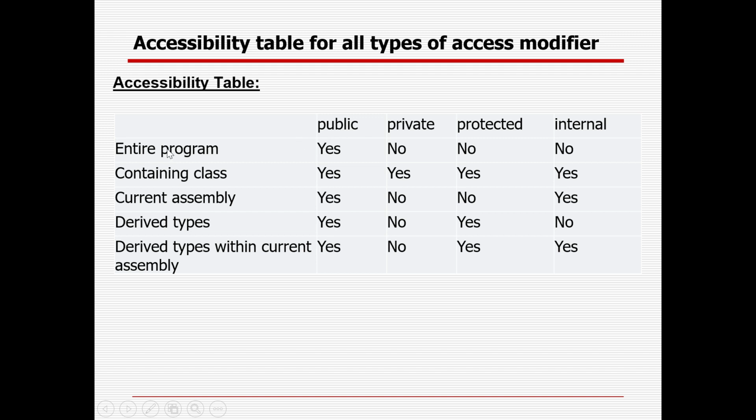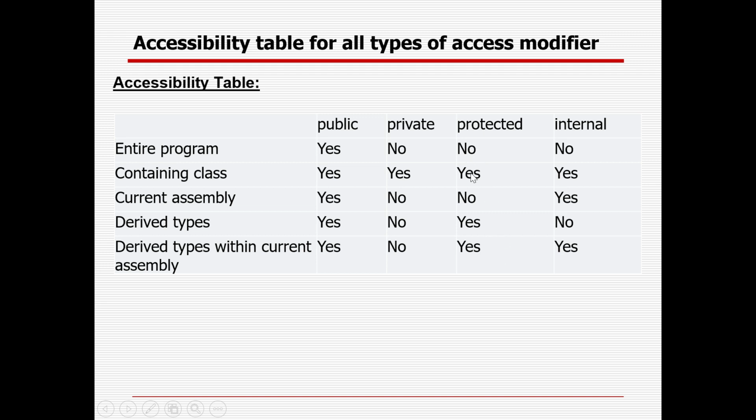So public is accessible in the entire program, entire classes, current assembly, and derived types within the current assembly. Whereas private is only accessible in that particular class itself. The entire program, the current assembly, and derived types cannot access the private variable or method. Whereas protected can be accessed in that class as well as derived types within the current assembly.